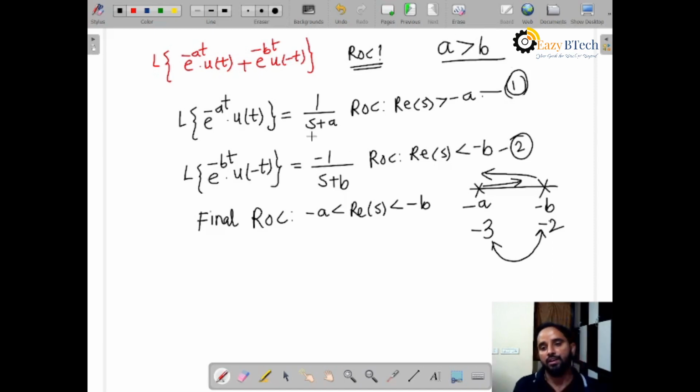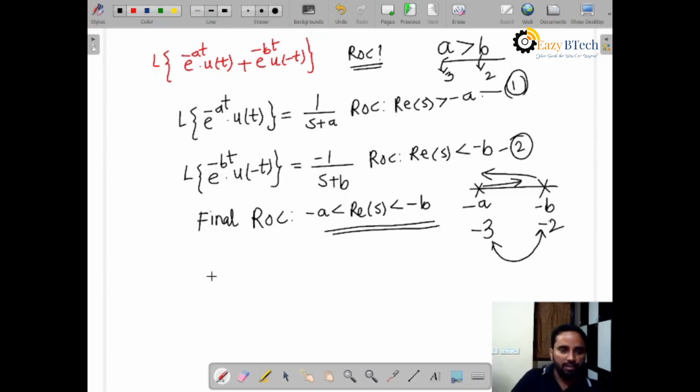So the a value like 3, the b value 2 or 1. Now -a becomes -3, -b becomes -2, and real part of s is greater than -3 and less than -2. Then we have -a to -b. This will become the final ROC. So that is the way of thinking about ROC.